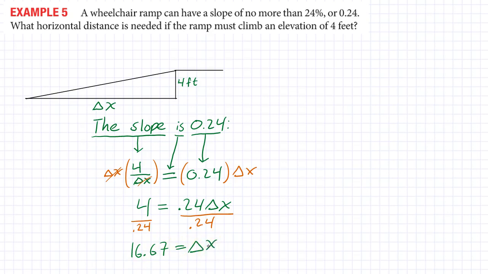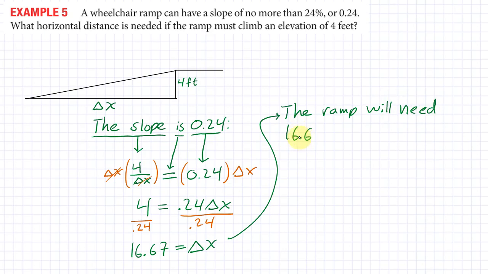So whenever you have a word problem like this that's asking you something about the real world, you shouldn't just write your answer like that. You should actually say what it means. The ramp will need 16.67 feet.